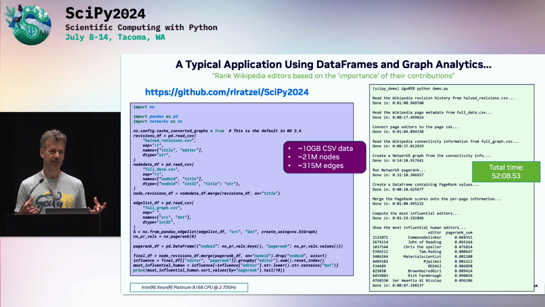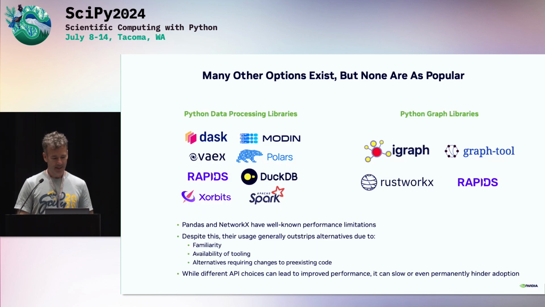So being 2024, there's a lot of data here, and these libraries are very popular. They need to keep up. Using 52 minutes to do this analysis is okay, but it would be a lot better if it was faster, clearly.